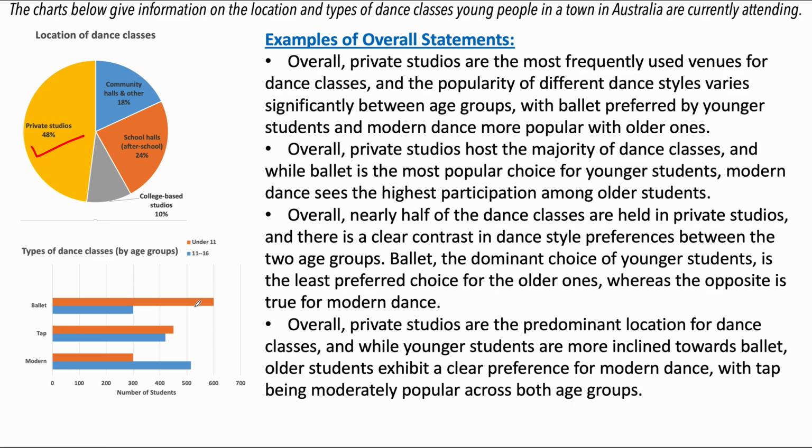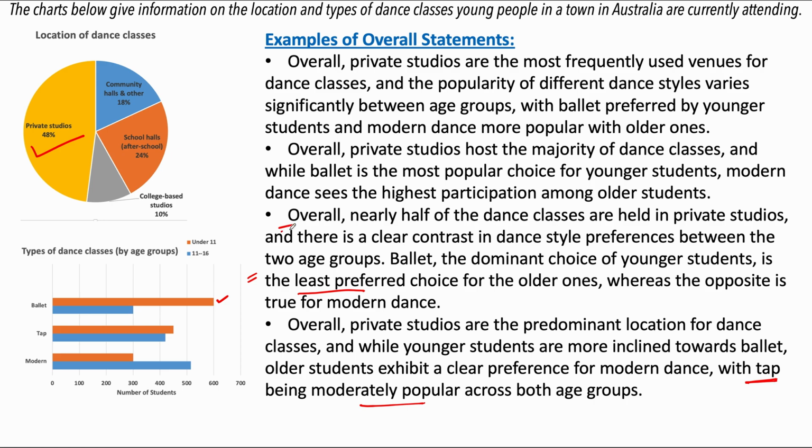Along with that, there is a mention of which dance form is most popular among the two age groups. In the third example, we have also mentioned which is the least preferred choice. And in the fourth example, tap dance being moderately popular is also mentioned.